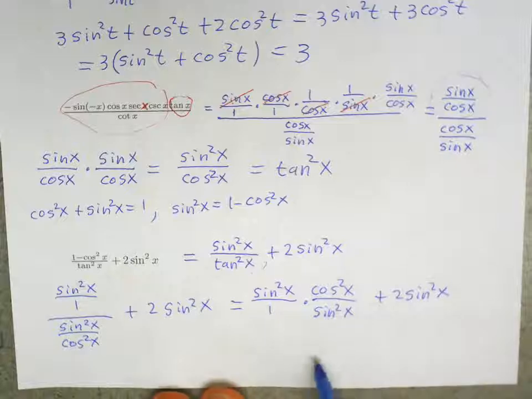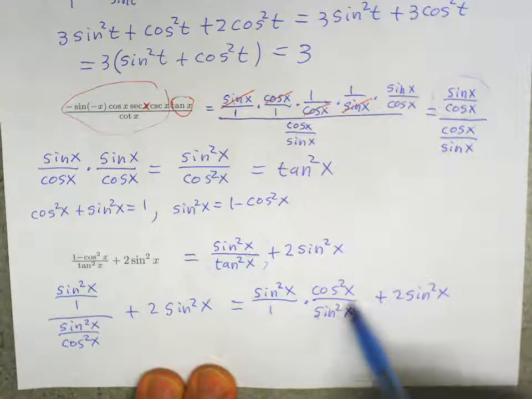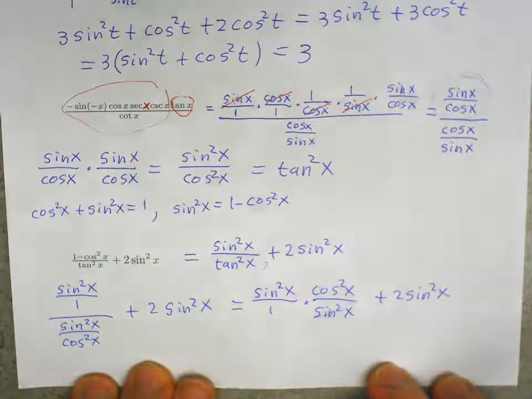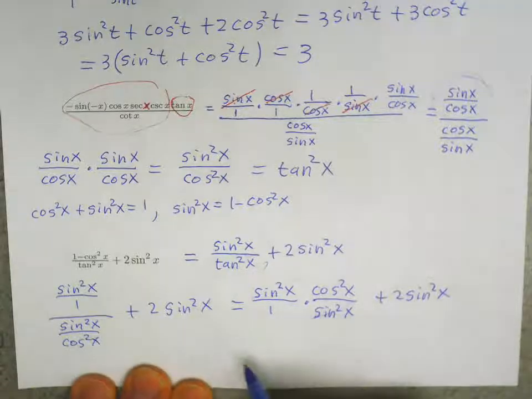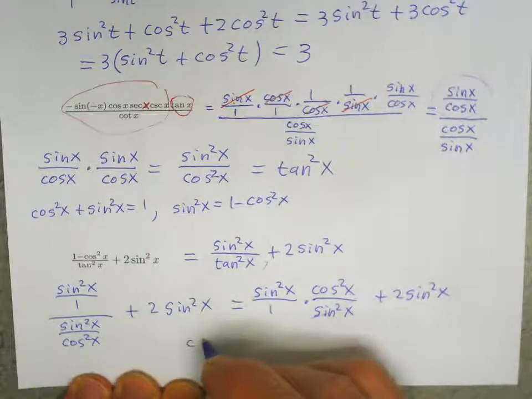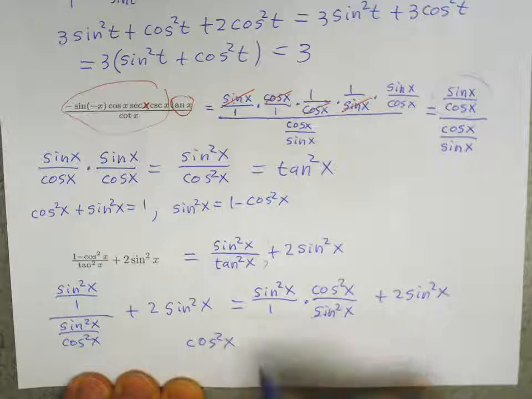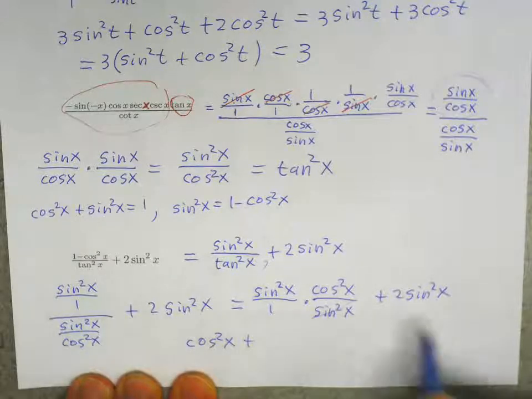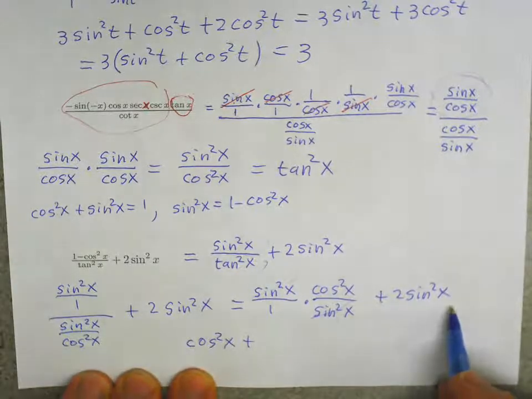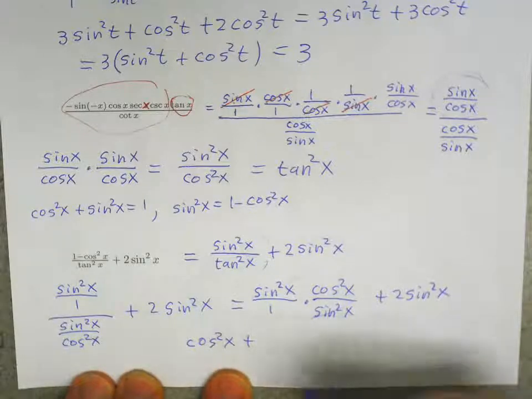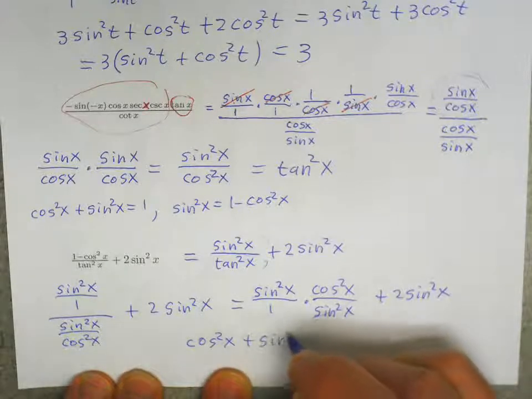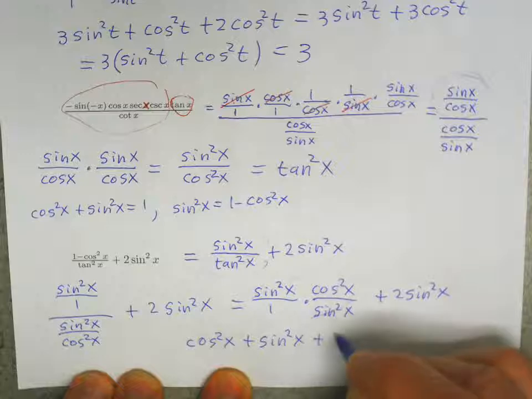So we get a cancellation, sine of x squared divided by sine of x squared equals 1 and we're left with cosine of x squared plus 2 times sine of x squared, but I'm going to write that as cosine of x squared plus sine of x squared plus sine of x squared.